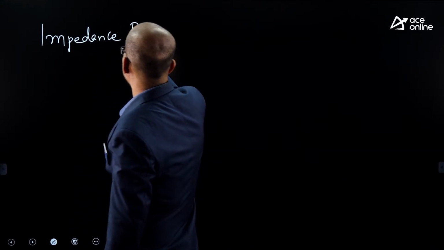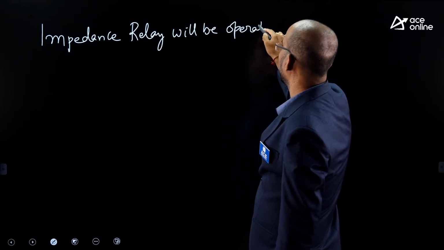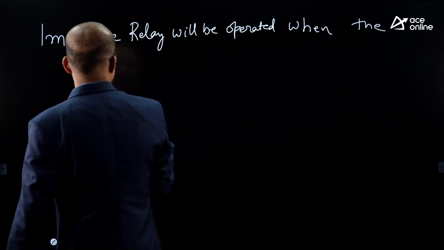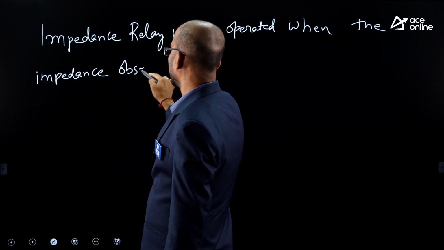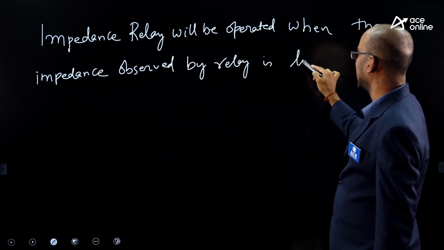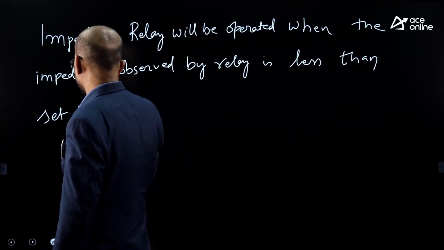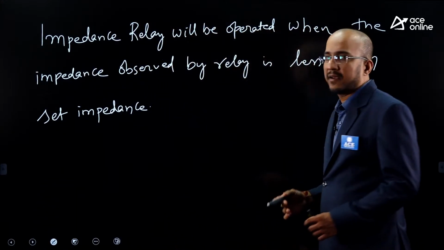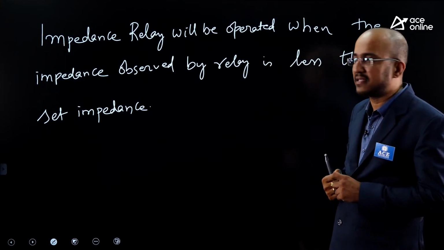Impedance relay will be operated when the impedance observed by the relay is less than the set impedance. We can say that the impedance relay is operated.